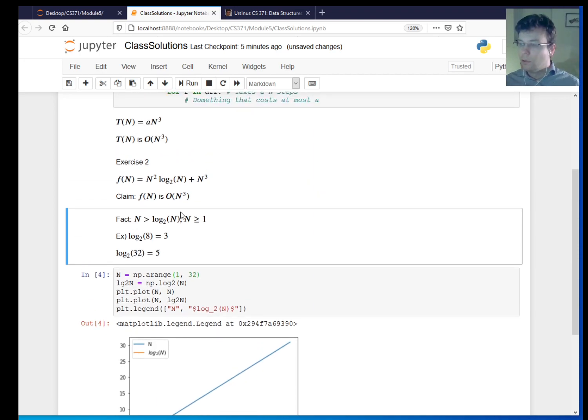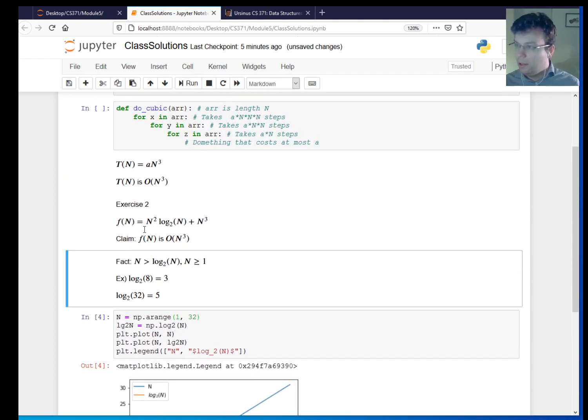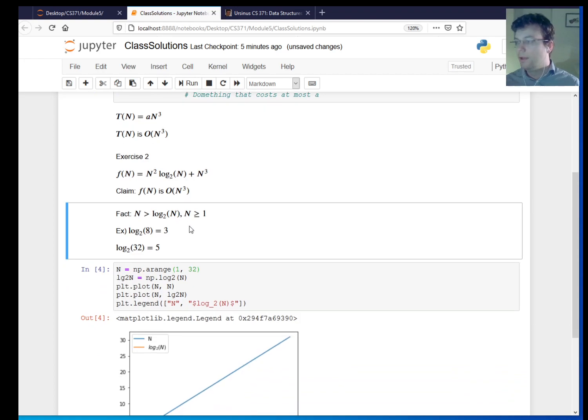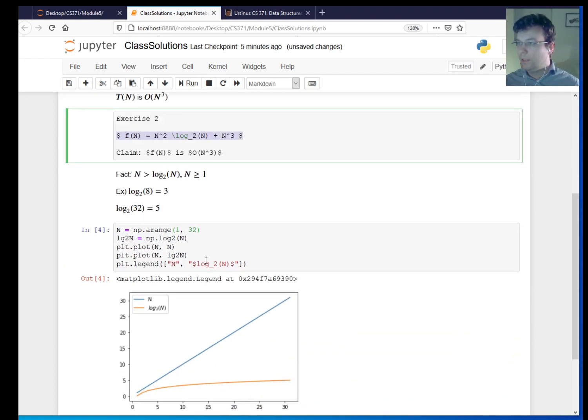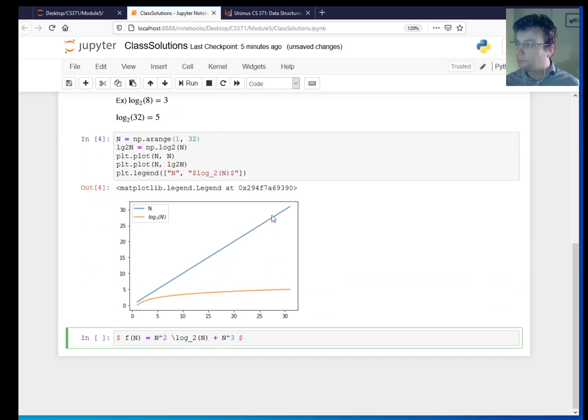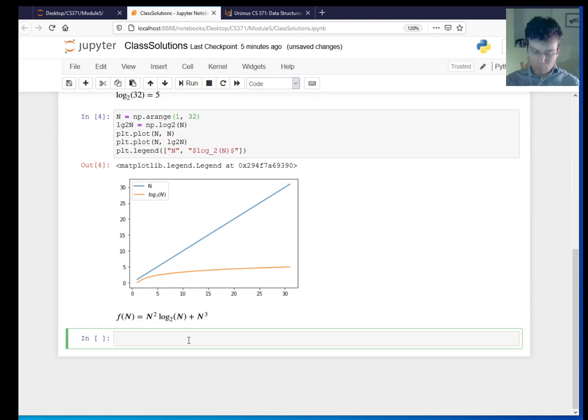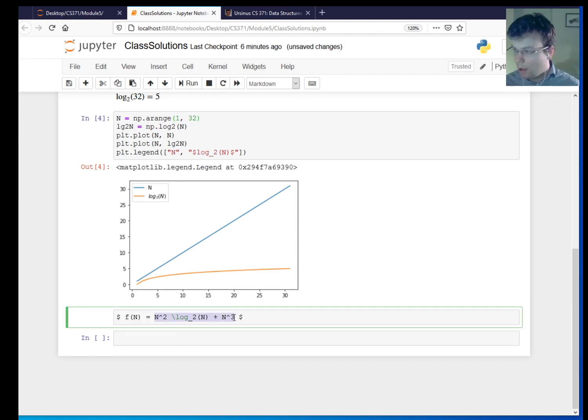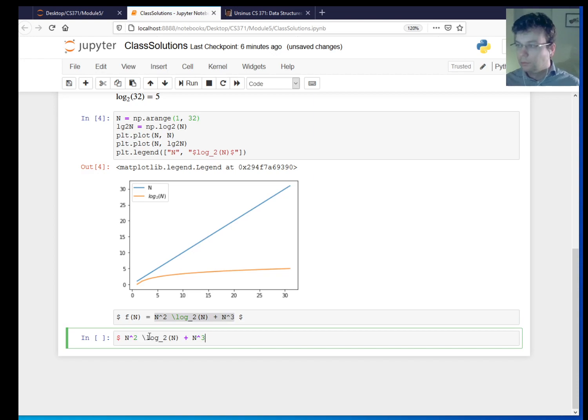Okay. So what we can do is, look, if I'm trying to show that f of n is big O of n cubed, what I have to do, let me copy this down here so we can look at it. What I have to do is I need to find a constant c so that this whole thing is less than or equal to c times n cubed. That's what I need to prove.